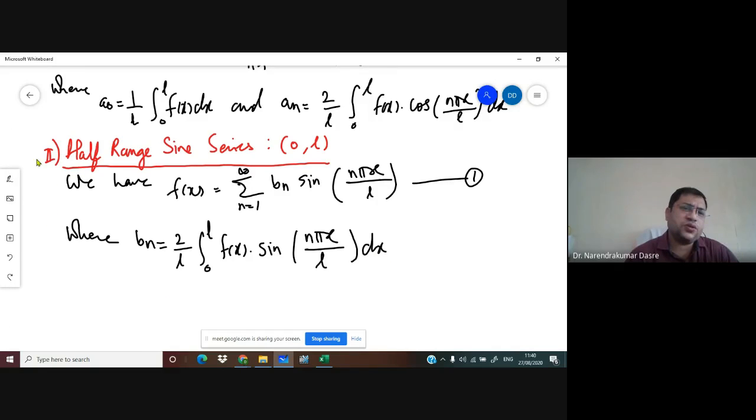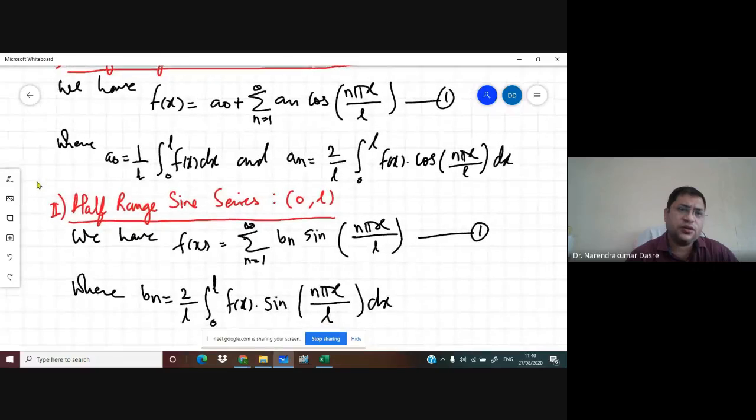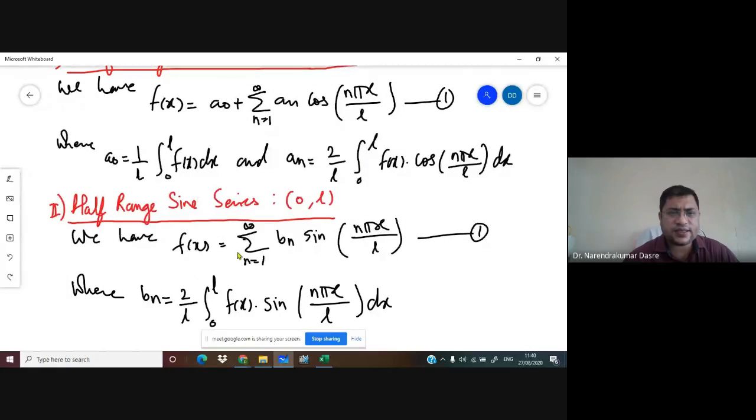So these are the formulas for the half range cosine series and half range sine series.